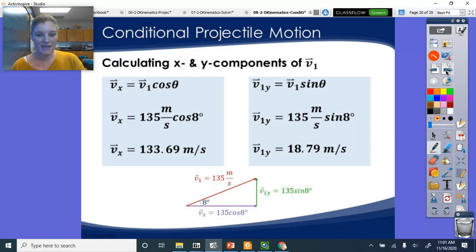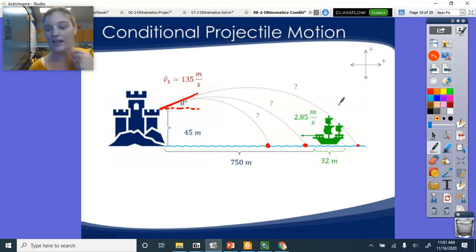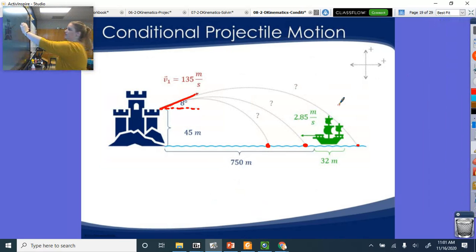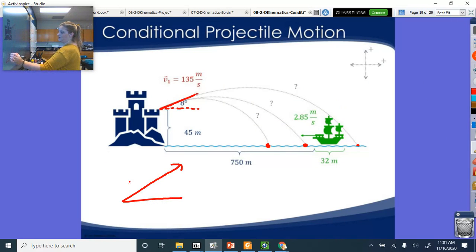So I'm going to calculate the components of my initial velocity. Going back and looking at this triangle right here, I have 135 meters per second and 8 degrees. So here's my y and my x.